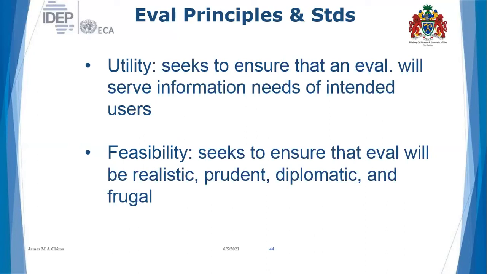As we were talking about the terms of reference, we did define the aspect of a dissemination plan, and that includes those who will use the product of the evaluation. Feasibility standard seeks to ensure that the evaluation will be realistic, prudent, diplomatic, and frugal.